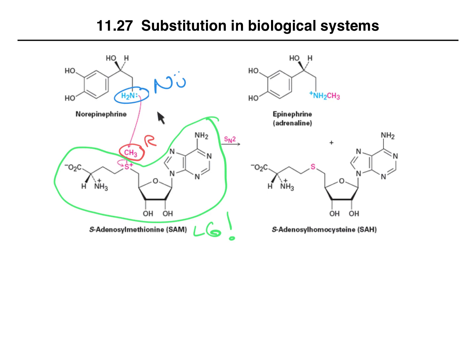So the nitrogen forms a new bond with the carbon of the methyl group, and then these electrons move back onto the sulfur. There's another lone pair on here, and this whole thing is the leaving group. S-adenosyl methionine is responsible for methylating many different compounds in biological pathways. So here we are just looking at an SN2 substitution.